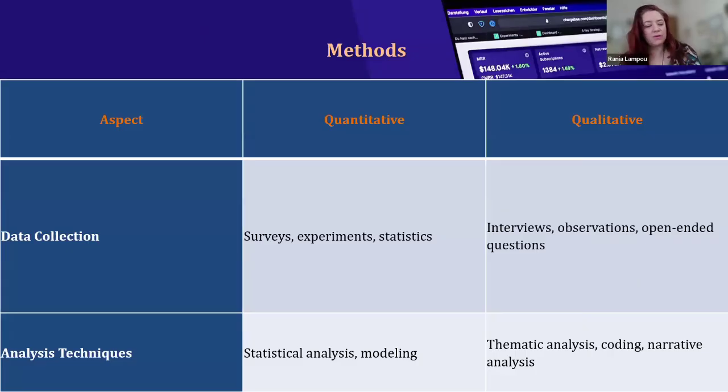In terms of methods used, I will talk about data collection. In quantitative research, we use surveys, experiments, statistical analysis, and modeling. On the other hand, qualitative research uses observations, open-ended questions, thematic analysis, coding, and narrative analysis.